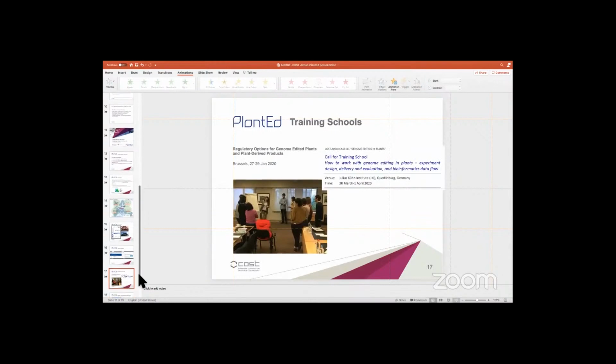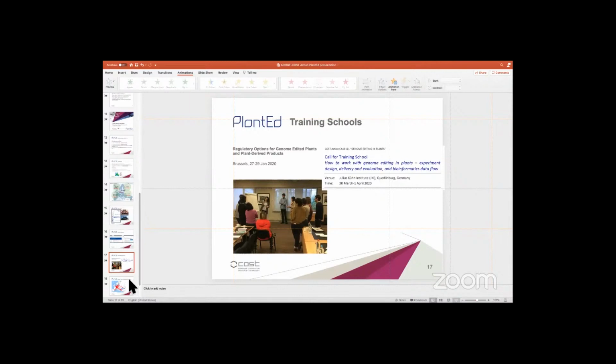And it organizes training schools. There was one about regulatory options in January 2020. There was supposed to be another one in March, April of this year about genome sequencing, but for the same reasons that didn't go through. So hopefully next year.